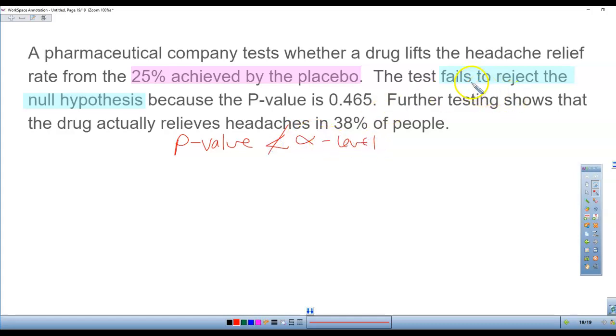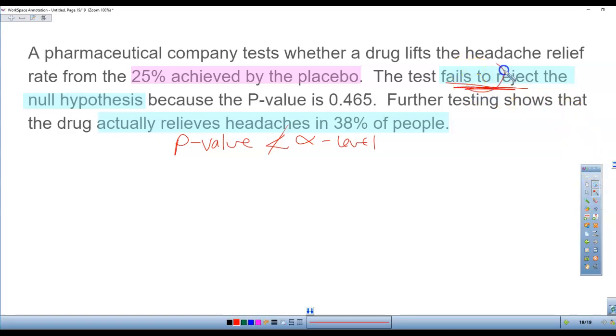So then they end up failing to reject, and we don't know what the alternative hypothesis is, but the fact that they failed to reject the null means they could not accept the alternative. Further testing shows that the drug actually relieves headaches in 38% of people.